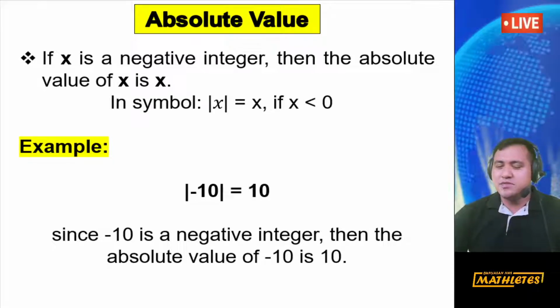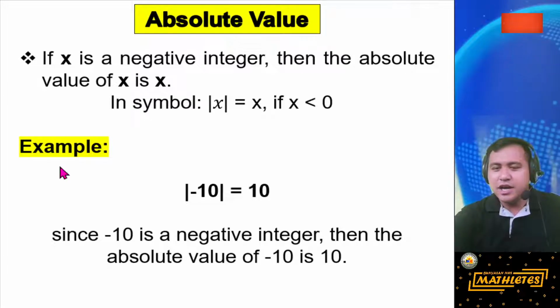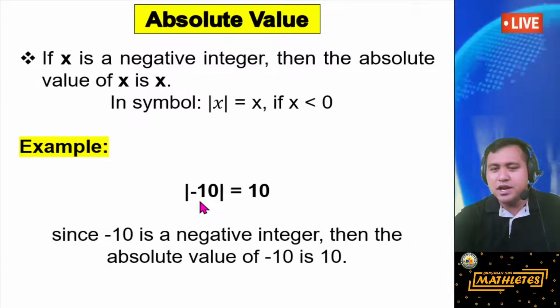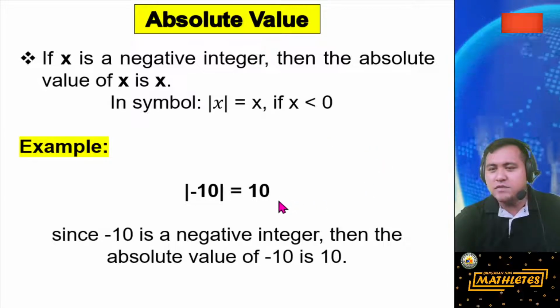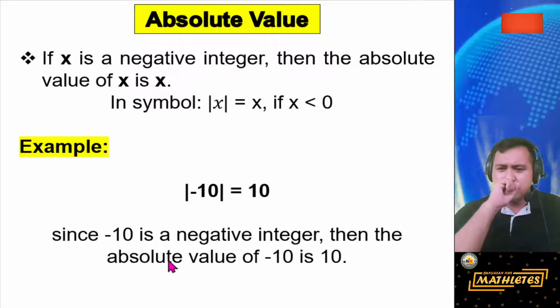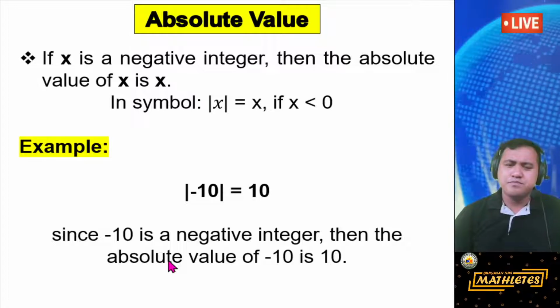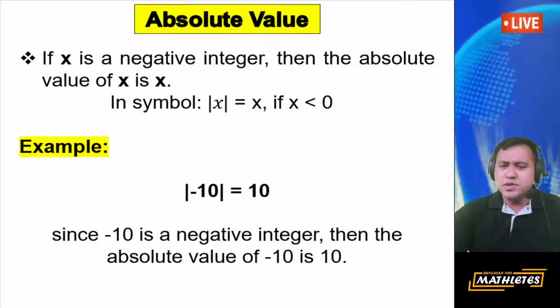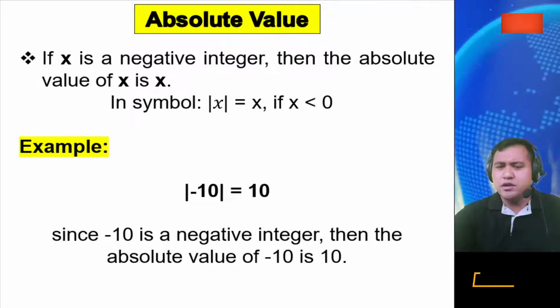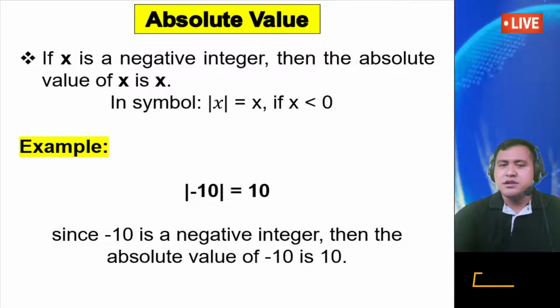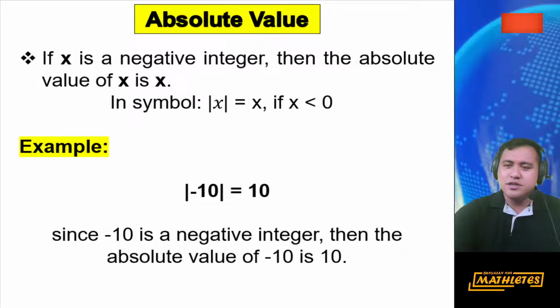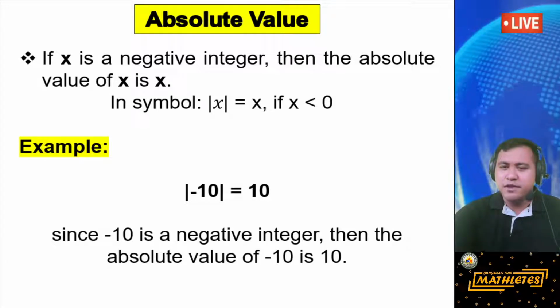Kaya ang distansya ni negative 10 gikan kang 0 is 10 man. Since negative 10 is a negative integer, then the absolute value of negative 10 is 10. Okay? So, those are the absolute value of a number.